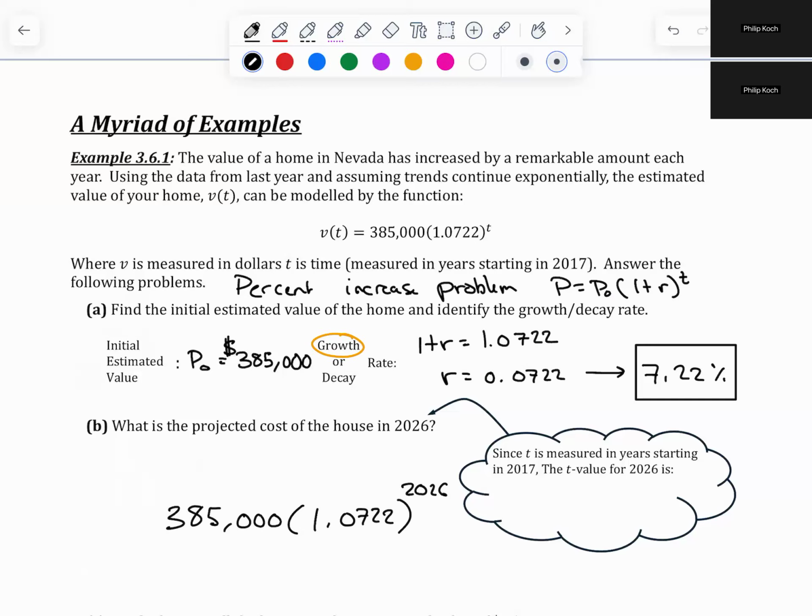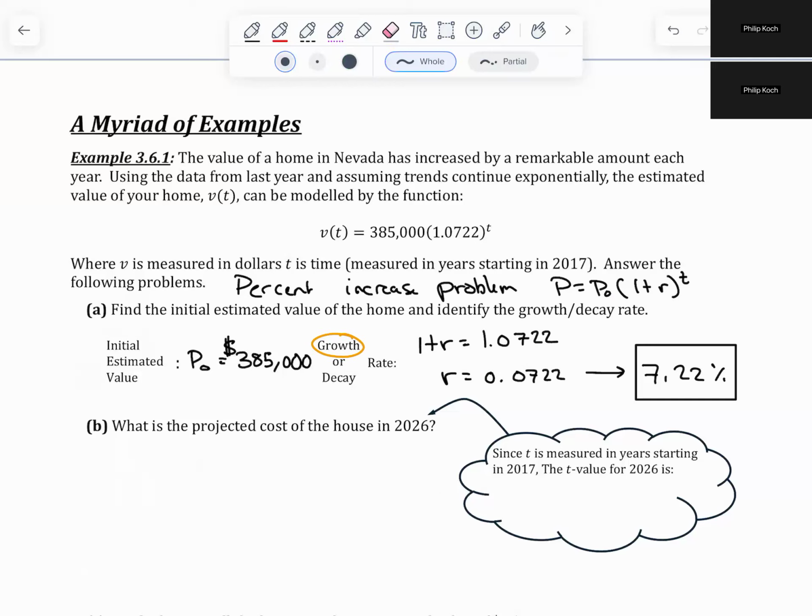Time isn't measured since the dawn, since BCE, before the Common Era. It's going to be measured since 2017. So the T value for 2026 will be 2026 minus 2017, which is 9 years.